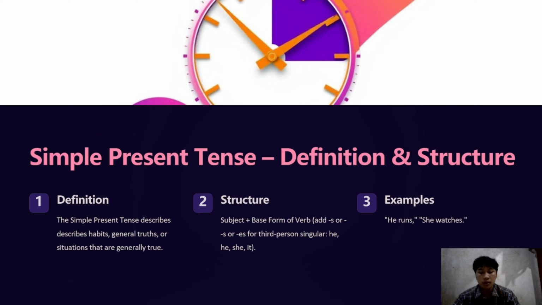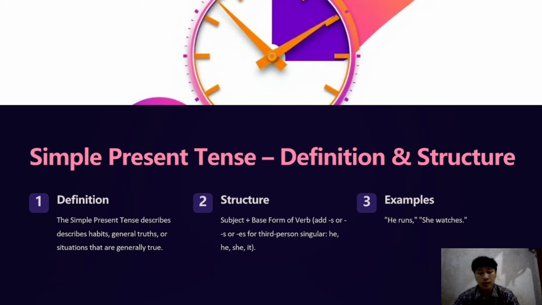The structure for the simple present is simple. We start with the subject like I, you, we, or they, followed by the base form of the verb like play, eat, or study. For third person singular subjects like he, she, or it, we add s or es to the verb.